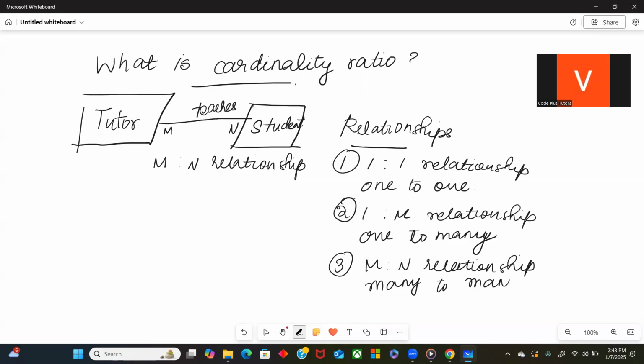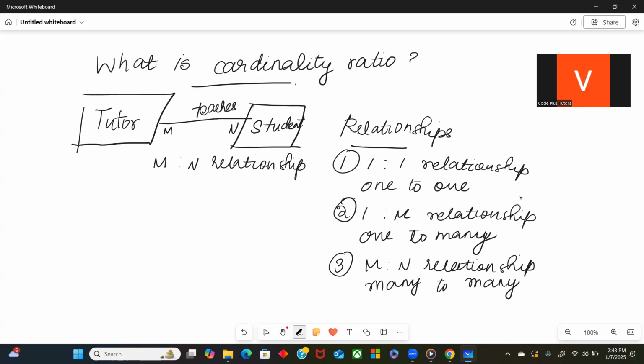Knowing the cardinality ratio is very important before you draw the ER diagram. Once you identify the entities and attributes, you should also identify the relationships, and while identifying the relationships, you should identify the cardinality ratio as well.